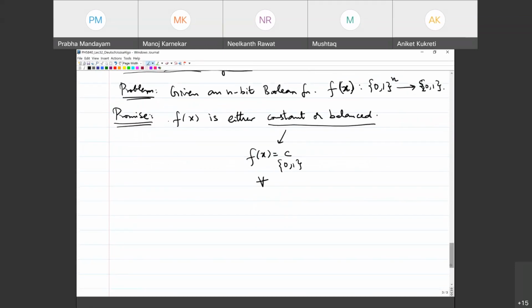Yeah, so for all 2^n strings. Balanced would mean that f(x) is some c1 for half of them, which is therefore 2^(n-1) strings, and it is c2 for the remaining such strings. Now again, c1 and c2 are either 0 or 1, right?